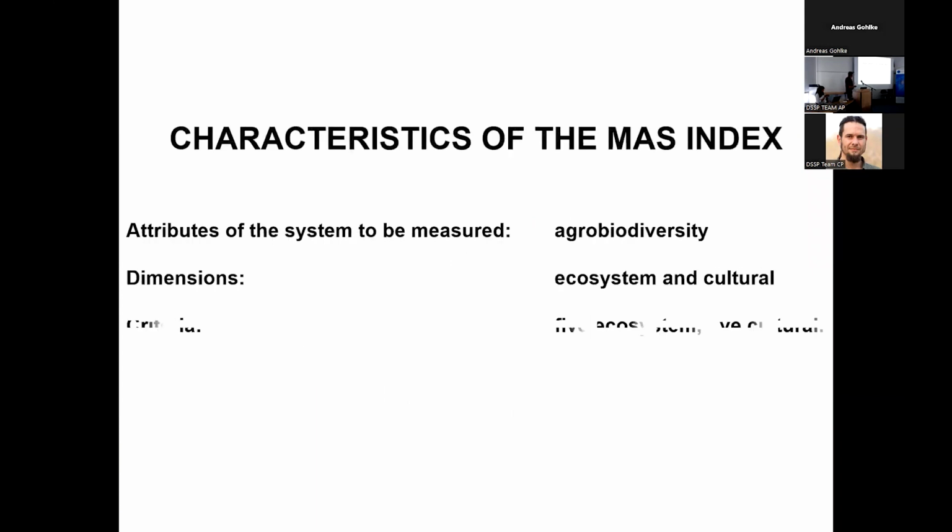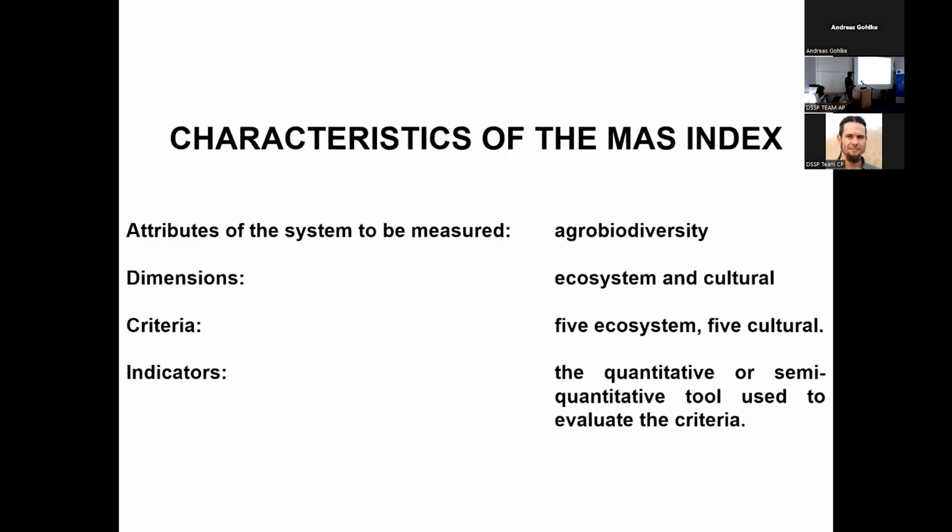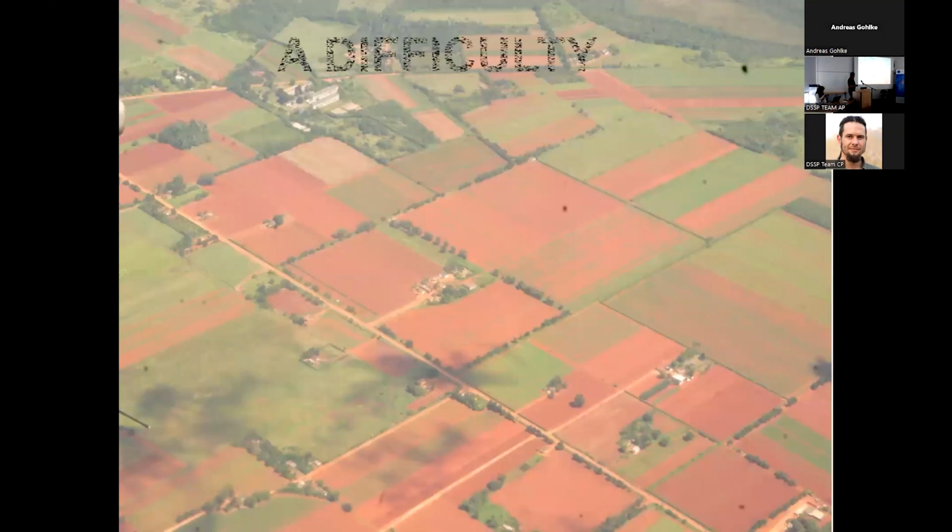So how is the main agroecological structure measured and interpreted? We know that it's an attribute to be measured in the agrobiodiversity with two dimensions, ecosystem and cultural, five criteria, and more or less 25 indicators. But we have a difficulty.